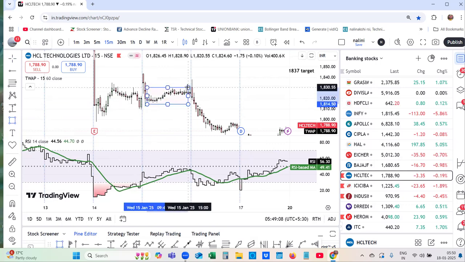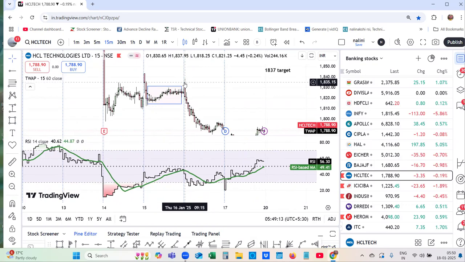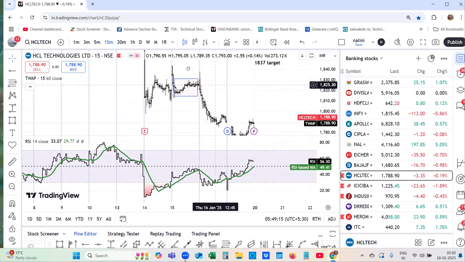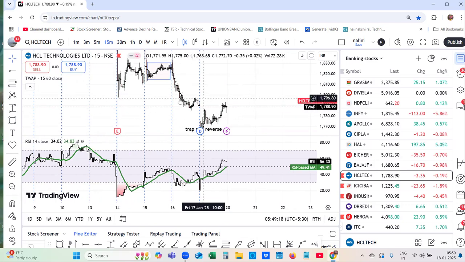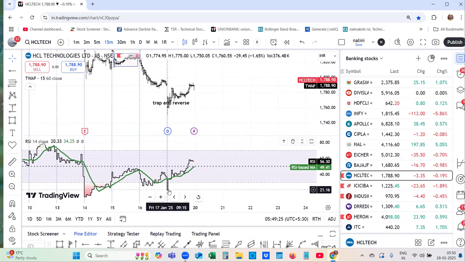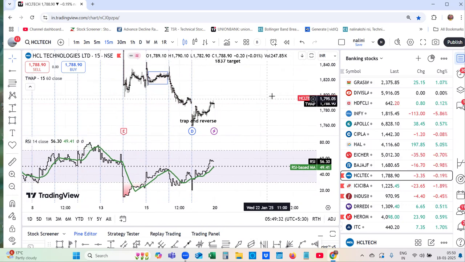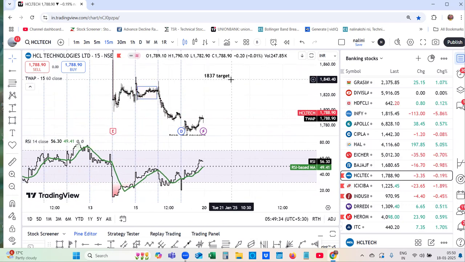This is a perfect Batman pattern, and another volatility spike, and it reversed with a parabolic down move within a single day, and trap and reverse on Friday. So the market will try to go up. You can anticipate 1837 in HCL Technologies. You can observe for this pattern.